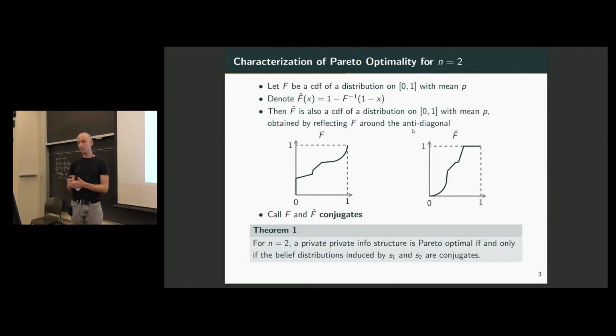And here is our result. For two agents, a private information structure is Pareto optimal if and only if the belief distributions induced by signals of the first agent and signals of the second agent are conjugates. So a very simple test of Pareto optimality.